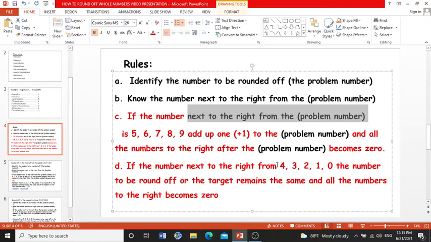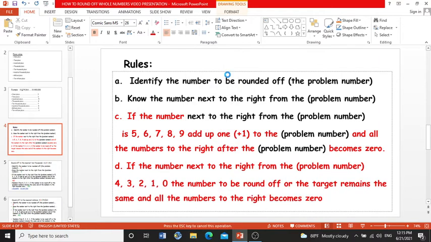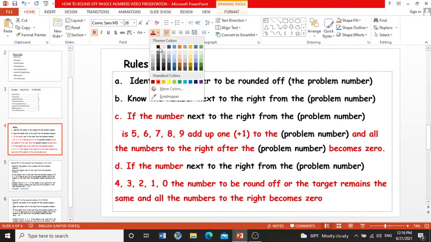So if the number next to the right from the problem number, let me color this blue as well, black as well, so that it looks the same.